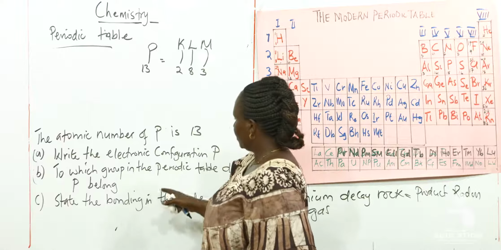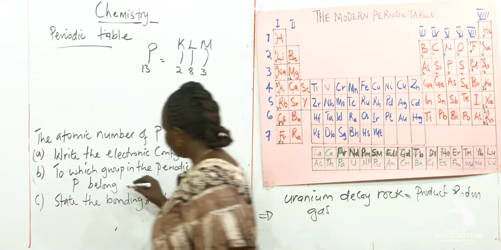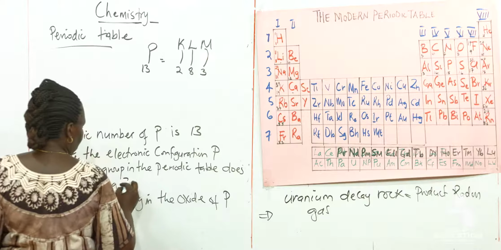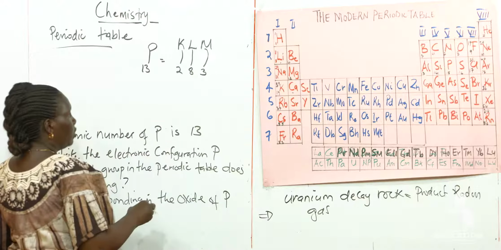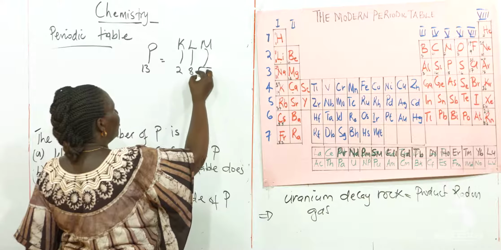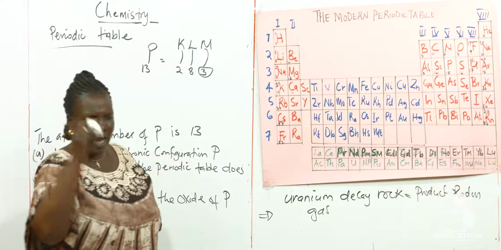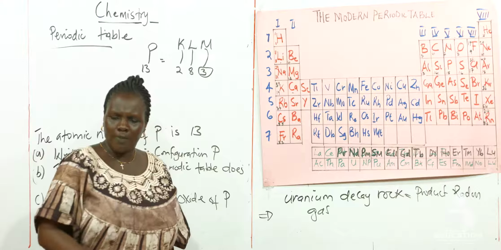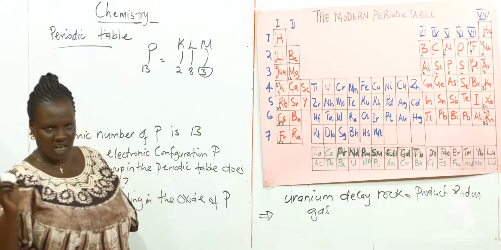Then, to which group in the periodic table does P belong? You look at the number of electrons in the outermost energy level, because elements are placed in groups based on the number of electrons in their outermost energy level.